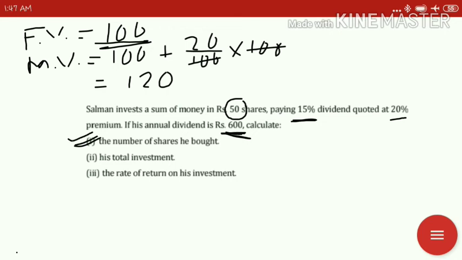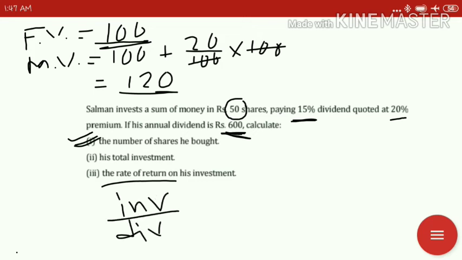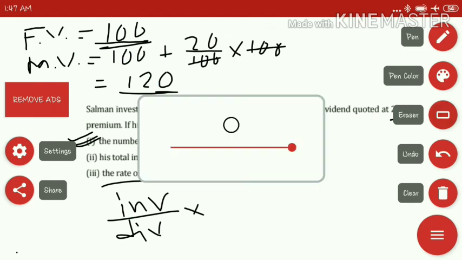Now his total investment. The number of shares you have got from the first part, and you have already got the market value 120. So 120 into that number of shares, if you multiply, that will be the total investment. Rate of return, directly put the formula: dividend by investment. Sorry, I said it quite wrong.